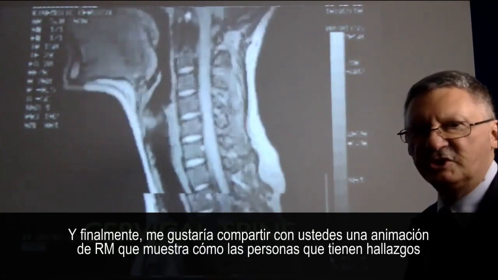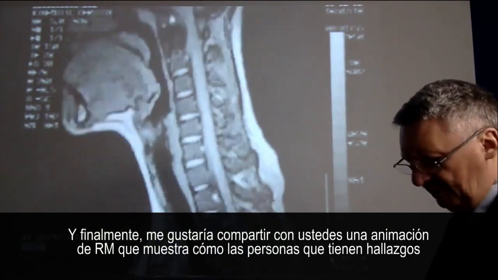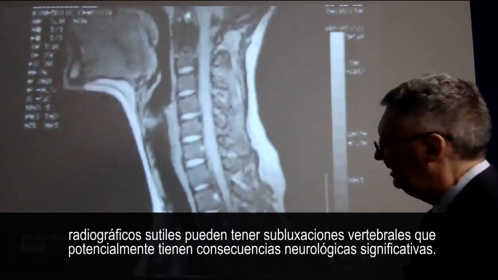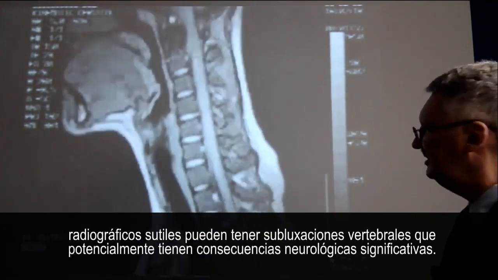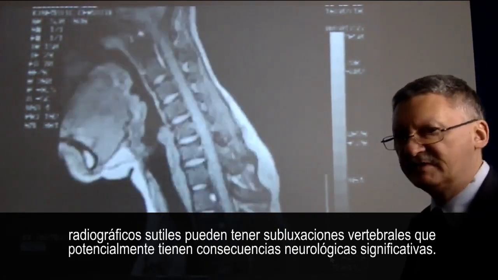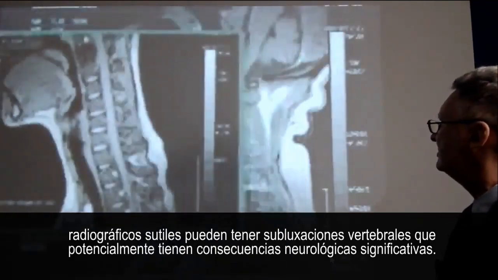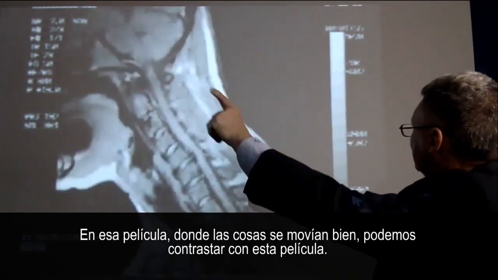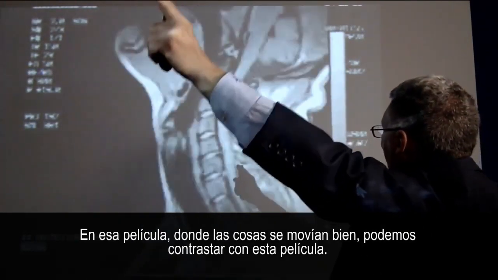And finally, I'd like to share with you an MR animation that shows how individuals who have subtle radiographic findings may have vertebral subluxations that potentially have significant neurological consequences. In that film where things were moving nicely, we can contrast it with this film.